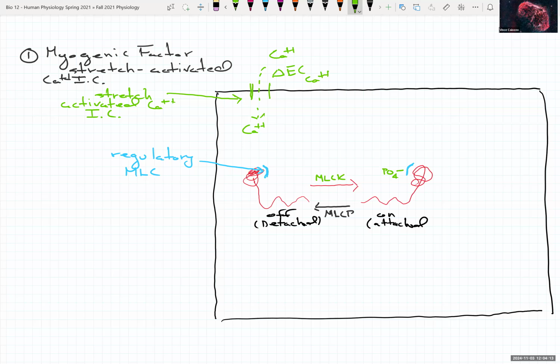And one of the mechanisms that you've learned about is that within cells, there can be this calcium binding protein known as calmodulin. So calmodulin binds to calcium.